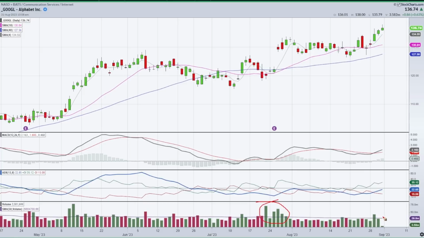And also, look at the volume pattern. Do you see how there's no sellers? Look at all the green bars above normal and no selling volume. So you've got to kind of question what's going on with the ADX. We had this deep pullback that hurt the ADX a little bit, a couple of these deep pullbacks. This one here hurts ADX, but it closed near its high.